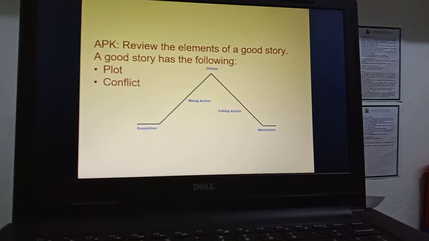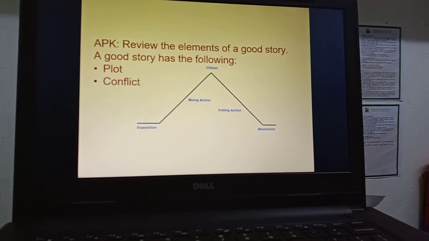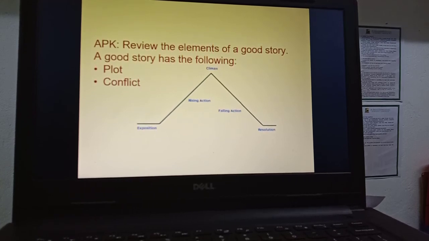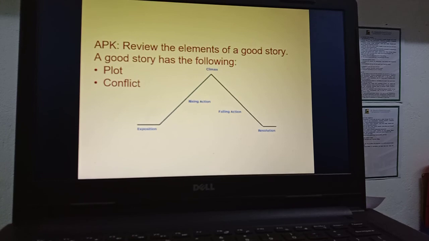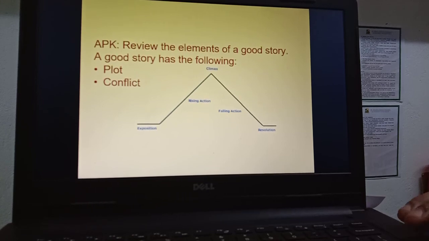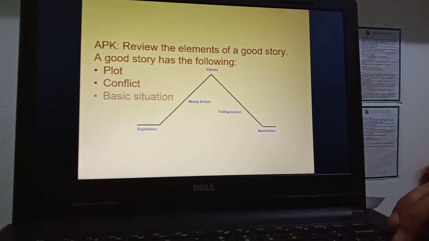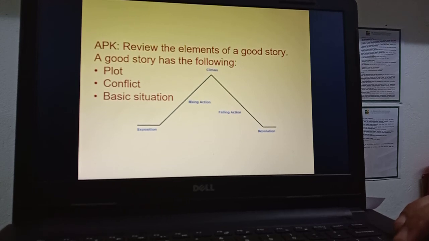Kumbaga sa isang istorya, kailangan ang bida at saka kontrabida. With the presence of the bida and the kontrabida, ito yung nagpapaigting sa istorya ng isang pelikula o di kaya ng isang dula. You have the basic situation, wherein the setting, problem, and main characters are introduced.